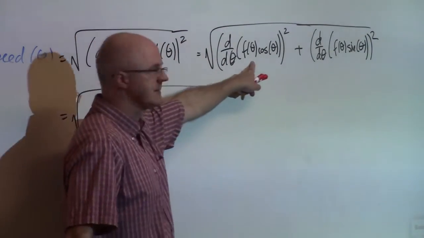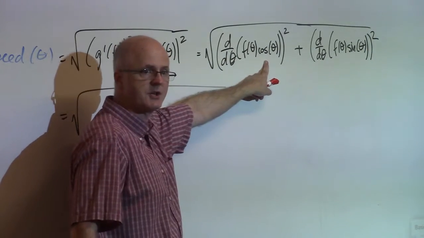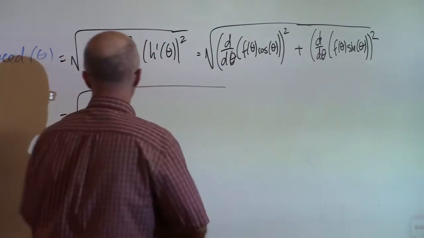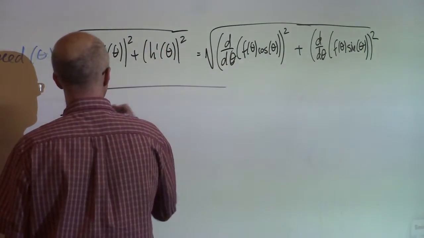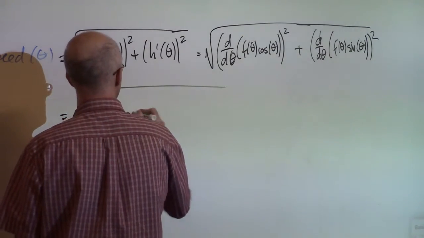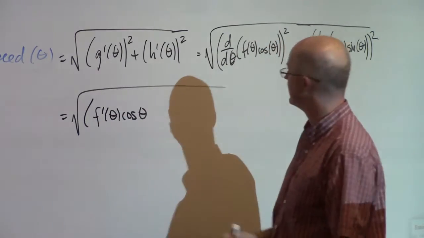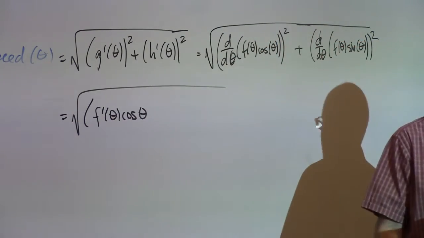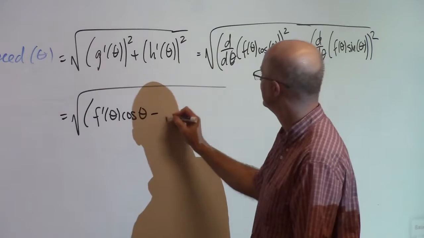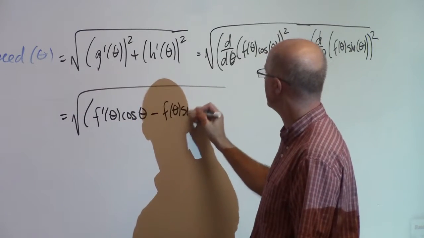Look at this one first. f of theta is the first function, cos theta is the second. The derivative of the first will be f prime theta, and I have a cos theta, plus the first times the derivative of the second, and the derivative of cos theta will be negative sine theta, so I get minus f of theta sine theta.